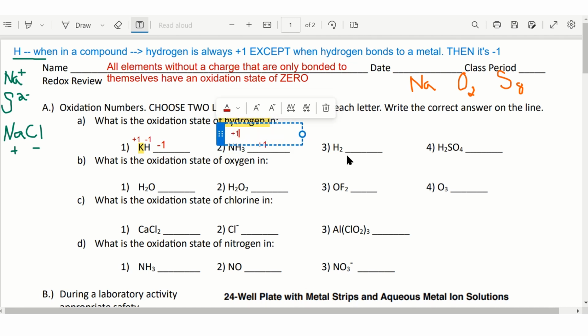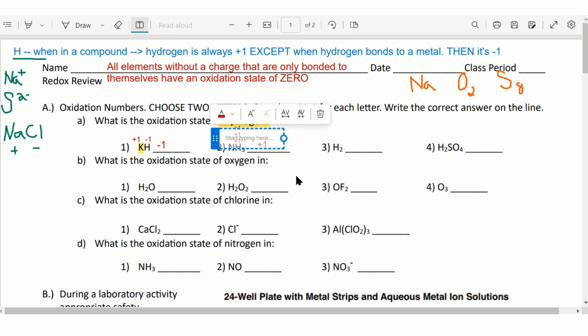Each one has a +1, so that would be +3 altogether, right? And what would nitrogen be? Well, if hydrogen adds up to +3, then nitrogen would have to be -3 because overall there's no charge.